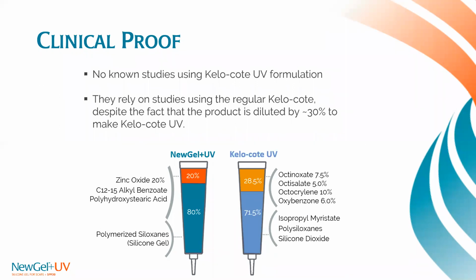It's down to at least 71.5%, or at the most 71.5% of their product. We don't know exactly how much isopropyl myristate is in there, but we do know that the 4 sunscreen ingredients comprise 28.5%. So when it comes to dealing with a scar, the more silicone, the better.